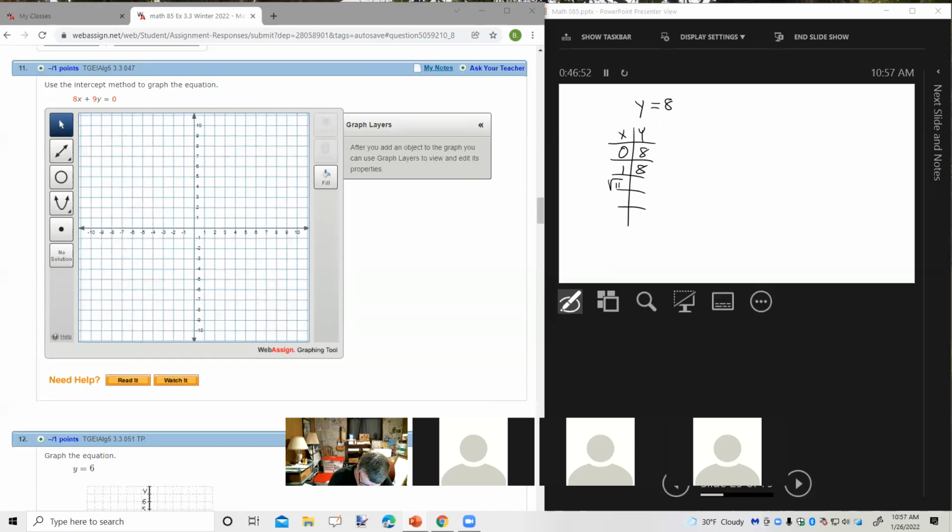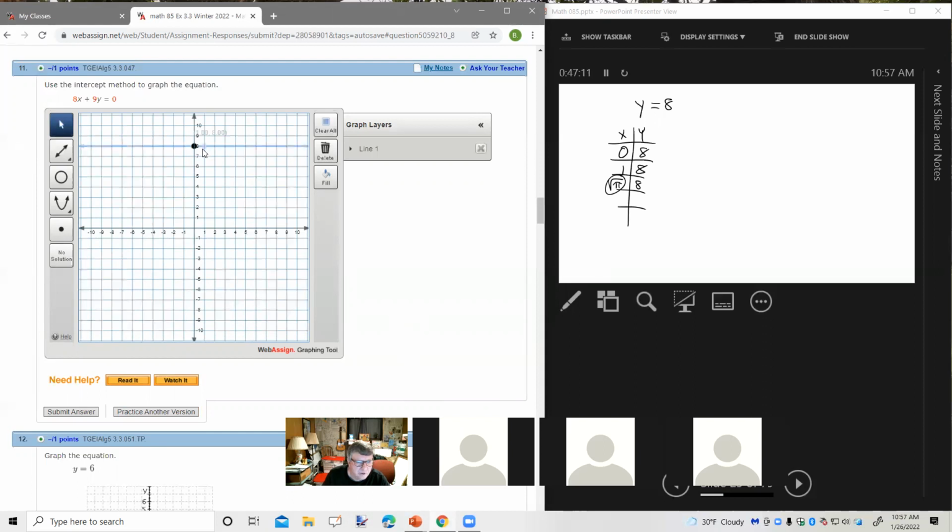If x is the square root of pi, what's y? 8. Yeah, I wouldn't want to have to find that. But the point is, for every x value, y equals 8. So what is that going to look like? If x is 0, y is 8. If x is 1, y is 8. Who knows or cares at this point what the square root of pi is? What kind of line is that?